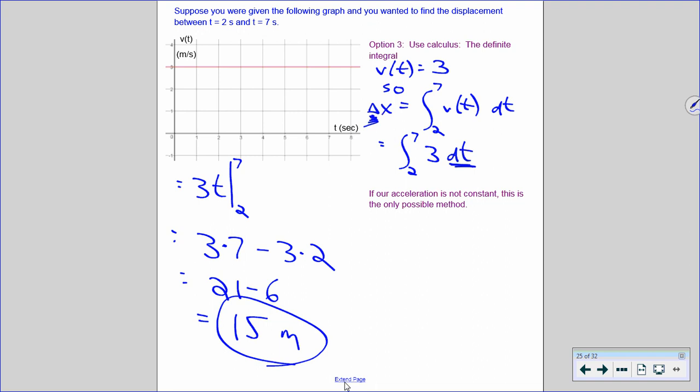Here are the big takeaways that you need to have. Taking derivatives, I think you guys are good with, right? Derivative of position is velocity. Derivative of velocity is acceleration. If you want to go the other way, the indefinite integral of acceleration is velocity, and the indefinite integral of velocity is position.